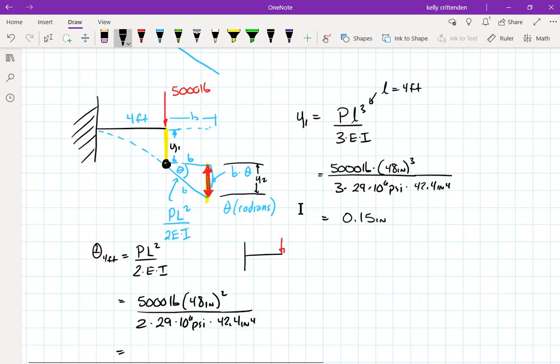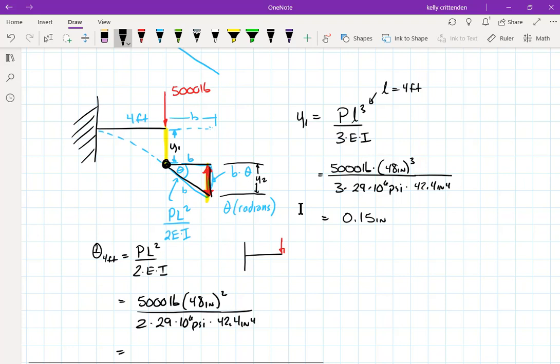Because if you had a beam and you push somewhere in the middle of it, then the part between where you're pushing and the wall curves, but the rest of the beam is just straight. And so that's what I'm doing, figuring out what angle the rest of the beam is at. I'm just going to calculate that angle in radians, and then use that to solve the little triangle right here.